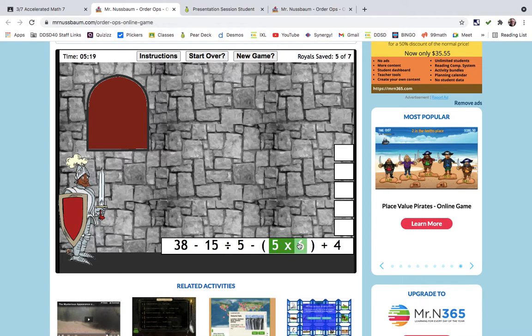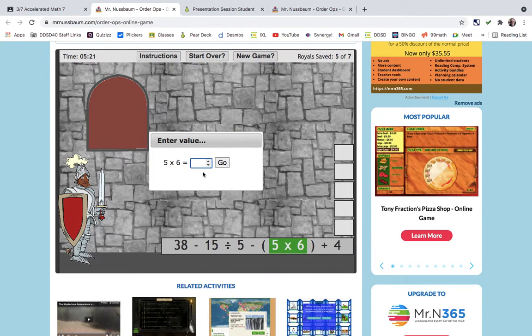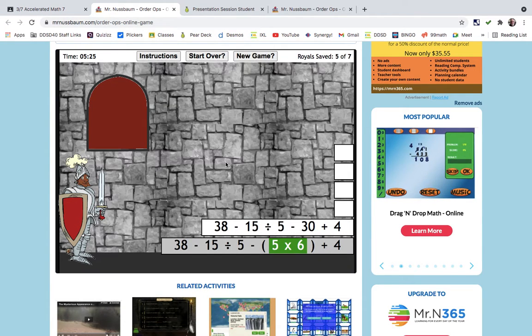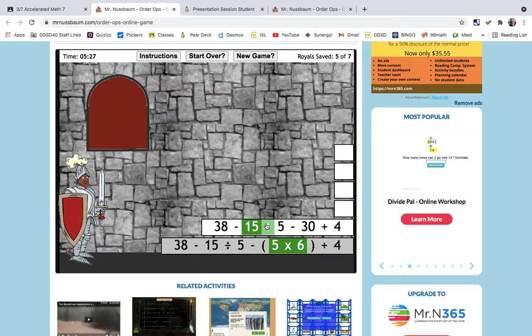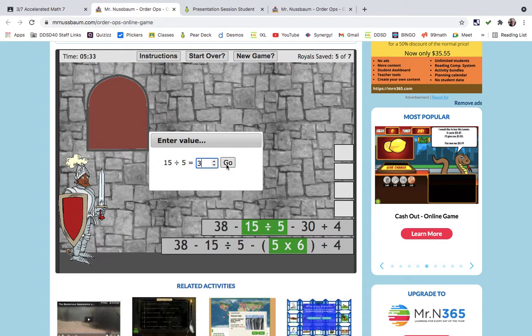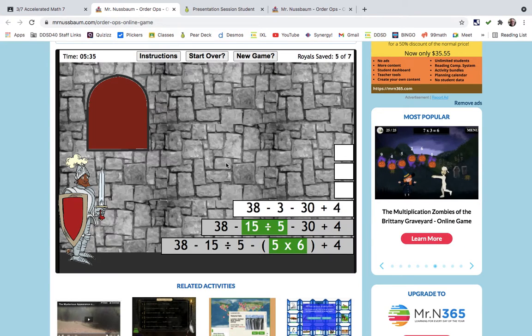I'm going to do this in parentheses. That's 30. And then I'm going to do this division before any multiplication. Excuse me, before any addition or subtraction. I don't see any multiplication.